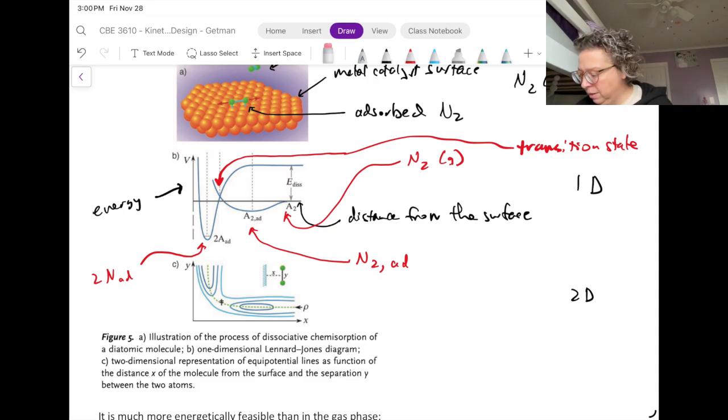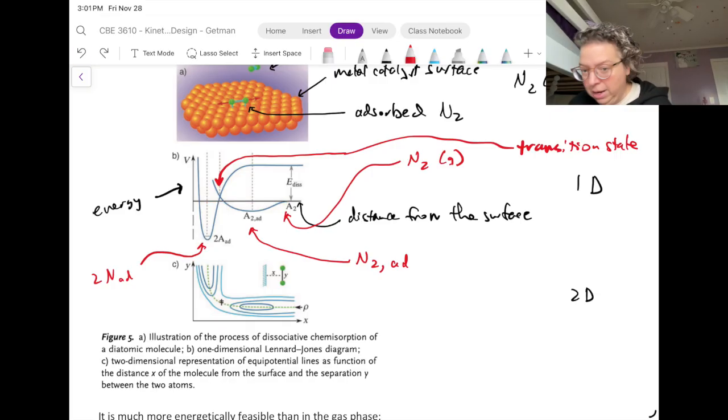This diagram is illustrating that it is energetically feasible to dissociate molecular nitrogen on the surface. If we compare the gas phase energy of molecular nitrogen to the energy of two adsorbed nitrogen atoms on the surface, we see that it is downhill.